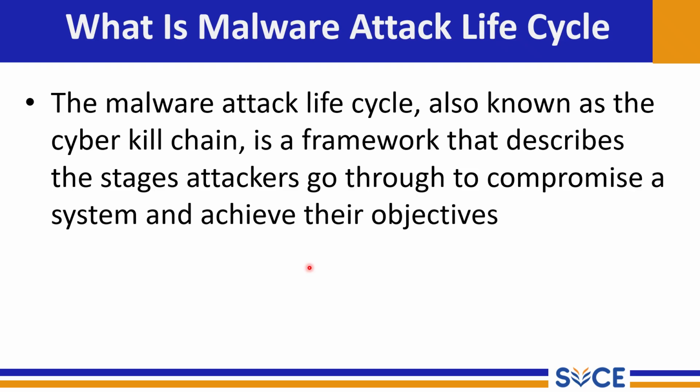To protect a company's network and data from attack, prevention must occur at each stage to block the attacker's ability to access and move laterally within the organization or to steal sensitive data. The following are the different stages of the attack life cycle and steps that should be taken to prevent an attack at each stage. Okay, so let us see.